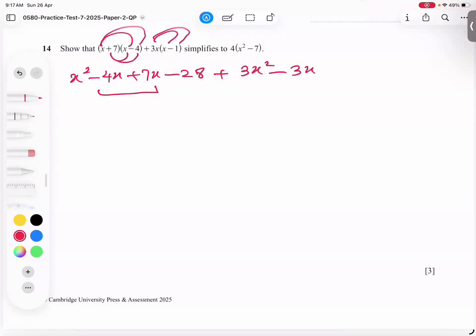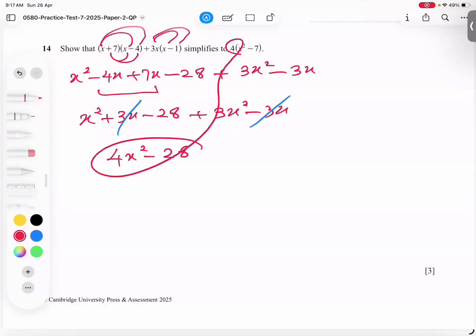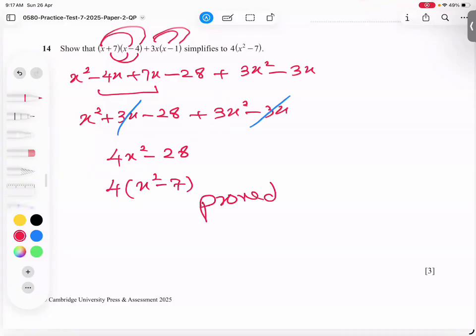These two values we can solve: x squared positive 3x and negative 28. And these two values can be cancelled automatically. And this will give us 4x squared and negative 28. But it said take common, so we can take 4 common. So 4 times 7 is 28, proved. I hope the concept of the question is very clear.